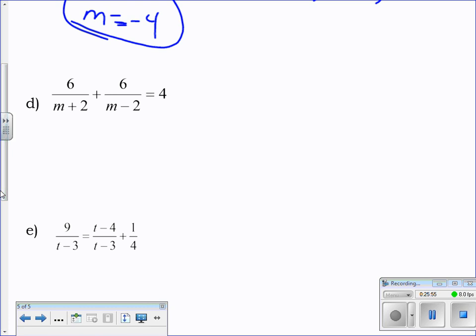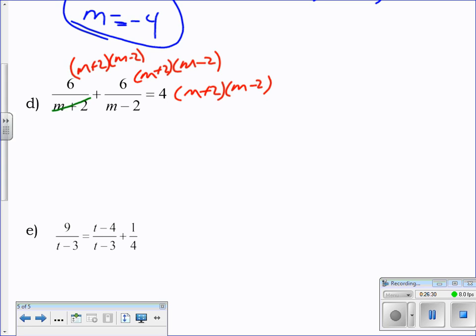Okay, so this one. I can't cross multiply. It's not a proportion, so I need to multiply through by my common denominator. My common denominator in this case is m plus 2 times m minus 2. So I multiply every term by m plus 2, m minus 2.